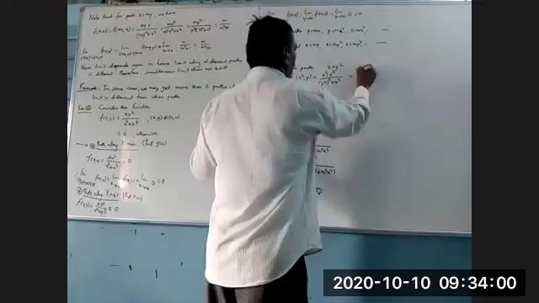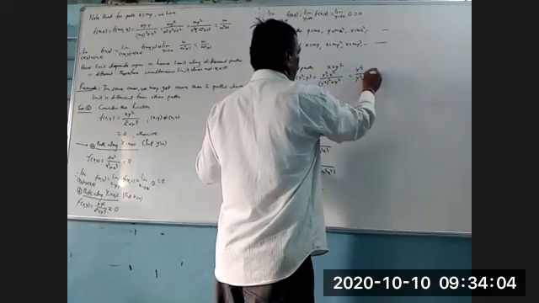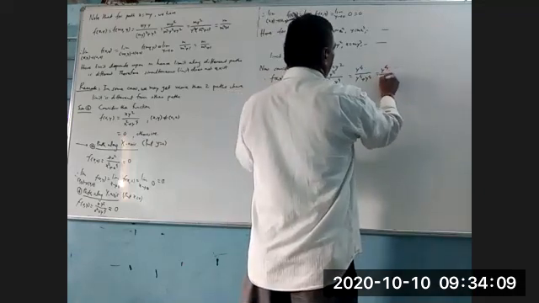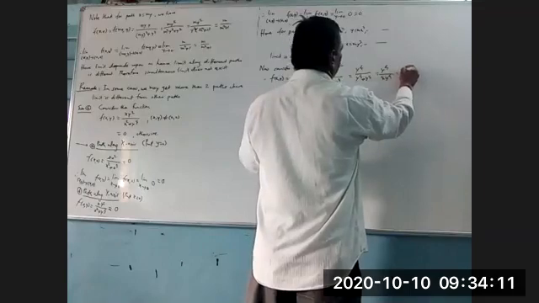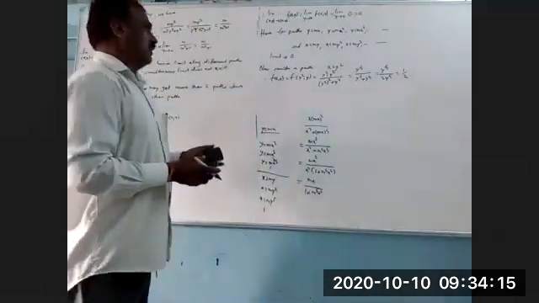Simplify here: y raised to 4 upon y raised to 4 plus y raised to 4. Therefore, y raised to 4 upon twice y raised to 4, and cancelling, we are getting only half.